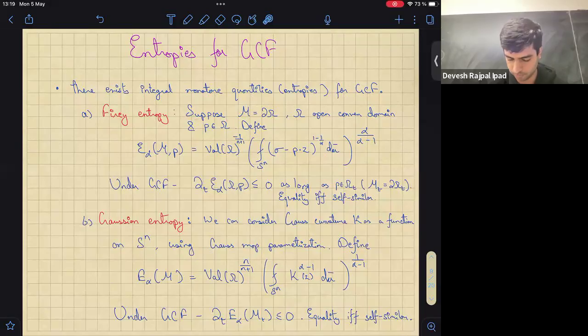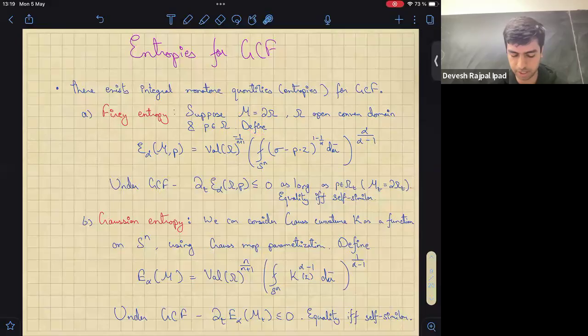Suppose the convex hypersurface M is bounding an open convex domain omega, and for any point P in omega, which is like the interior of the hypersurface, you can take the support function with P as your origin.